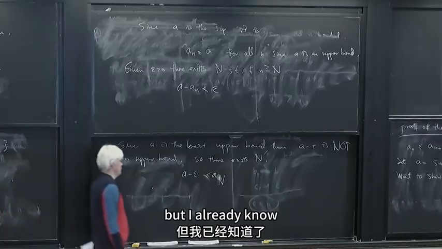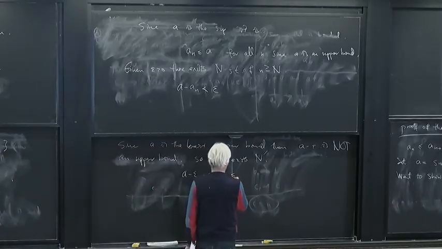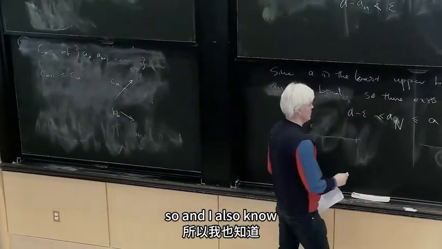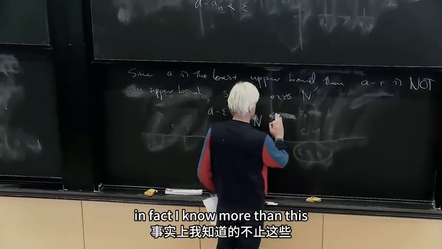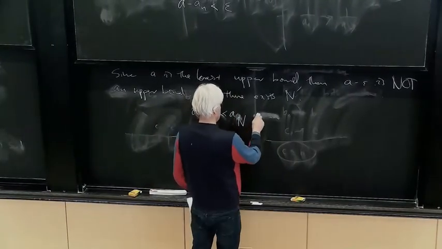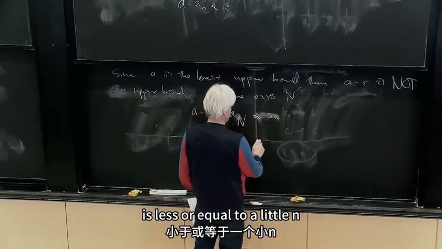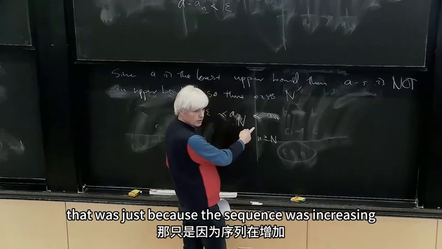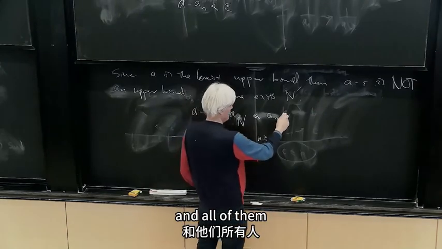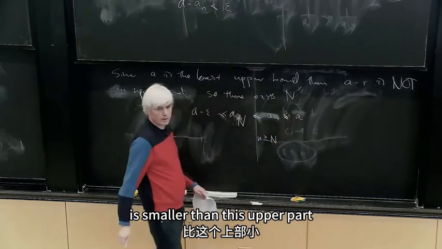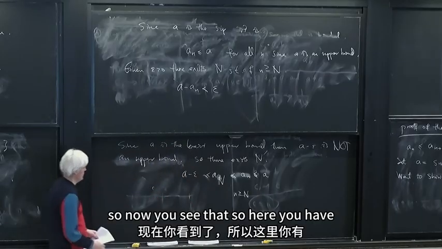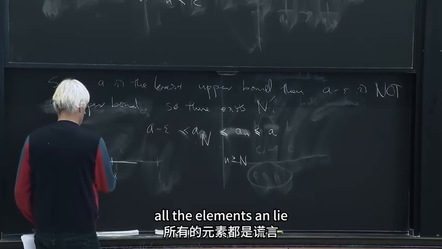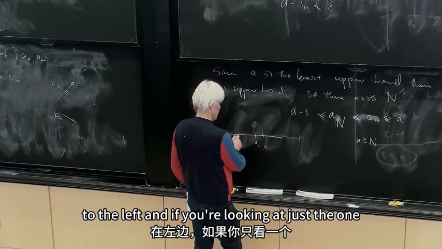But I already know that this thing here is less than A. And in fact, I know more than this. I know that a_N is less or equal to a_n, as long as little n is bigger than capital N. That was just because the sequence was increasing, and all of them are smaller than this upper bound. So here you have A, and all the elements a_n lie to the left.